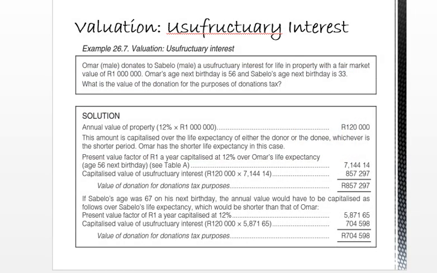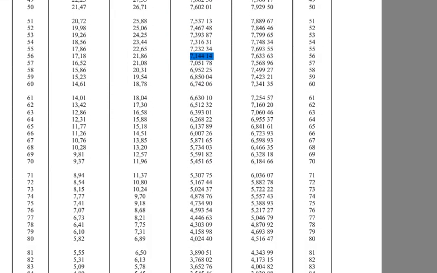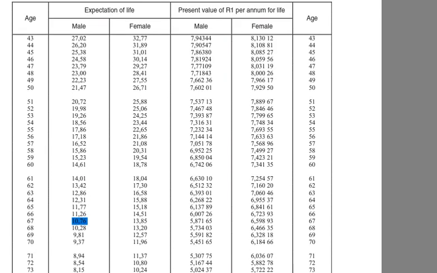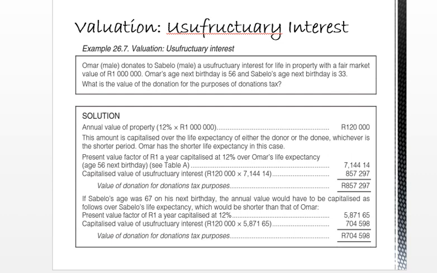Because he's male, Sabelo is expected to live 10.76 more years, so it will be capitalized at 5.87165. And then the 120,000 Rand, we want to capitalize the value of the usufructuary interest. So then it will be 704,598, which is the value of donation.